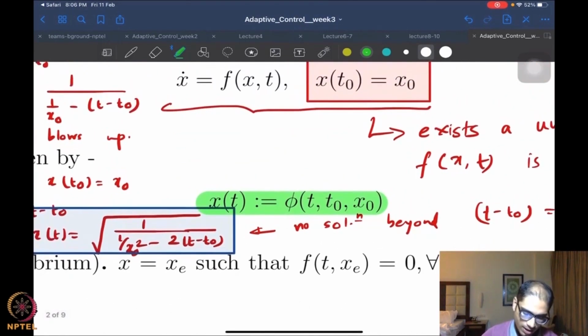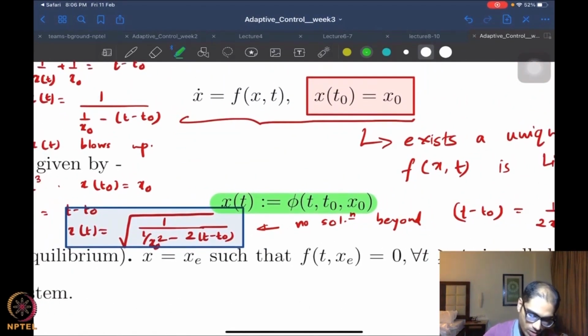The solutions in general are always denoted by phi of t comma t0 comma x0. Why do we do this? Because the solution depends on time, that's obvious, but it also depends on the initial time and the initial state, which is pre-specified here. If I change the initial time and the initial state, this definitely changes.